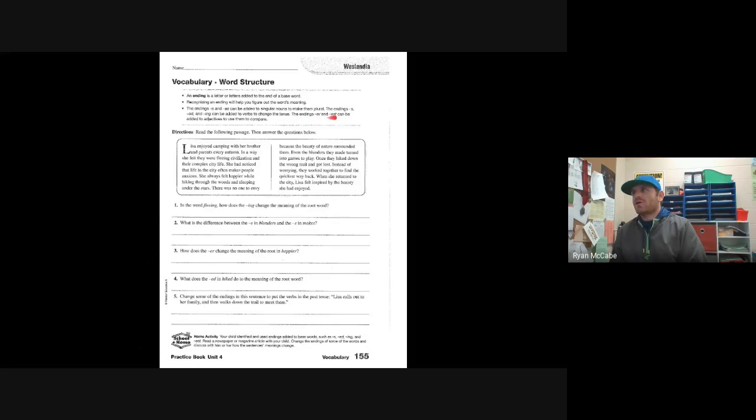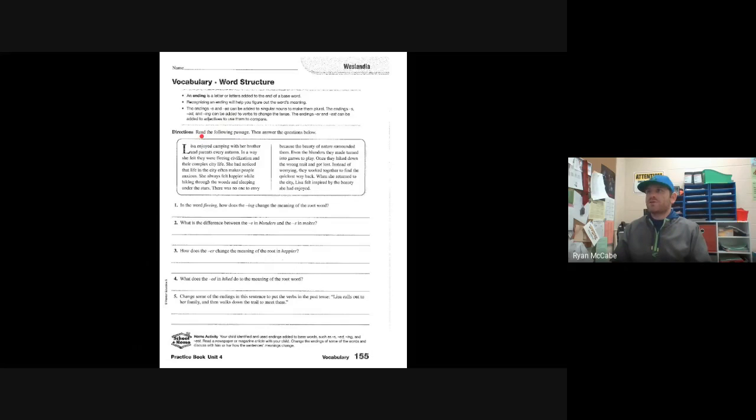The endings er and est can be added to adjectives to use them to compare. So the tense would mean if it was past, present, or future. And if we're comparing, that means you're taking two things and you're going to say what is alike or what is different.